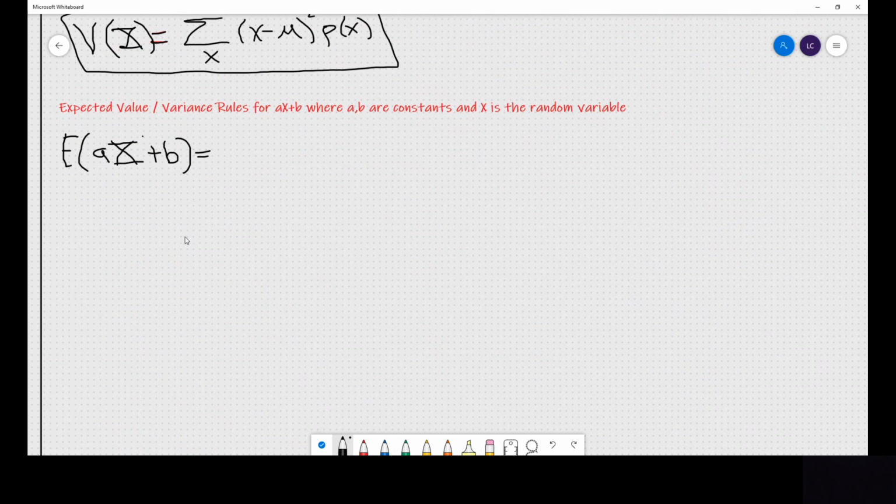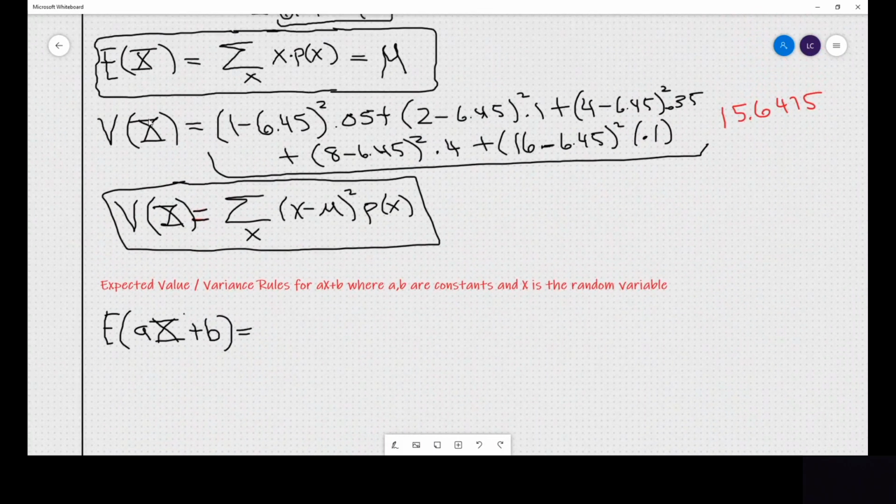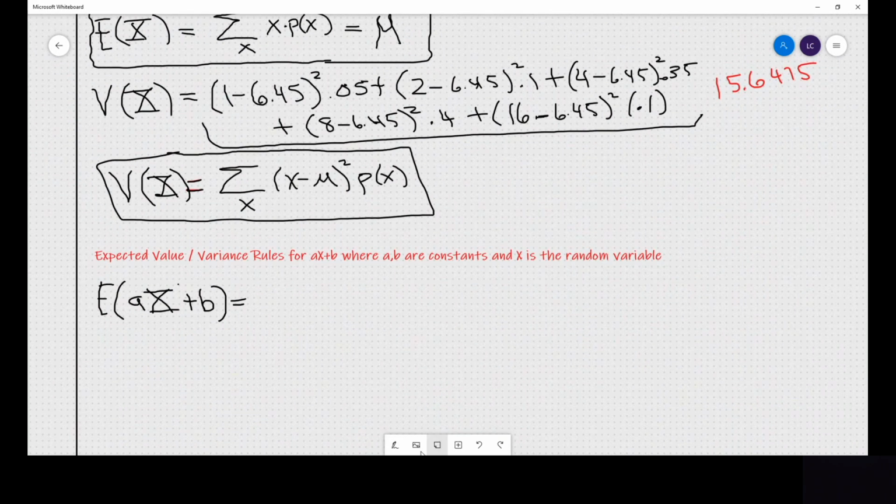So let's just use our definition. Look at what we did here. For the expected value of X, all I did was take whatever the random variable was and turn it into every single one of them. So I used a small x over here, and then I multiplied by P of X over the entire support. So that's what we're going to do in this case.